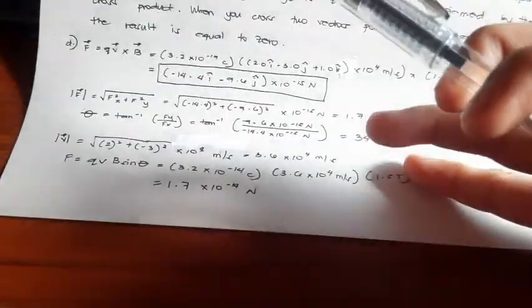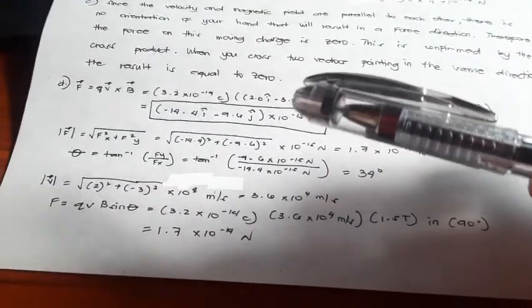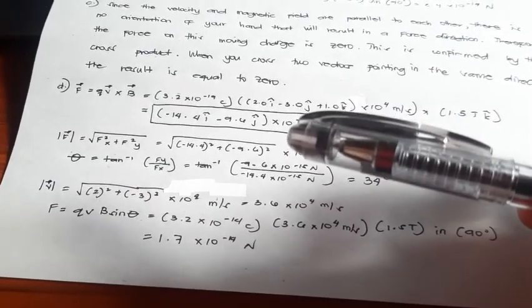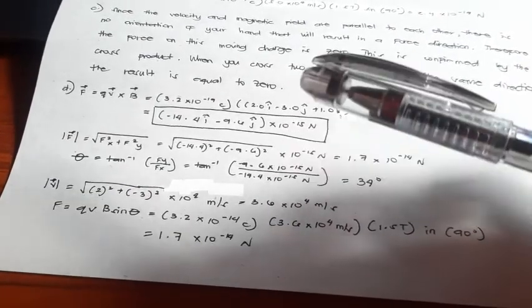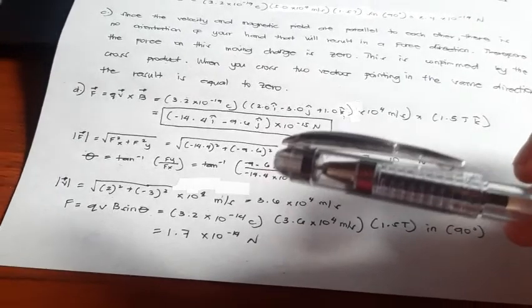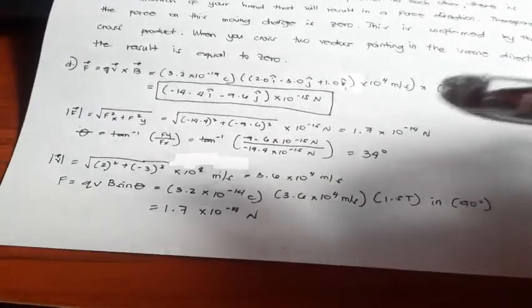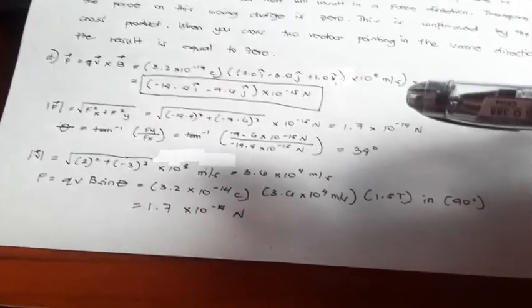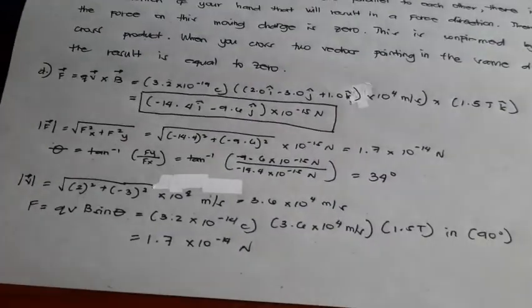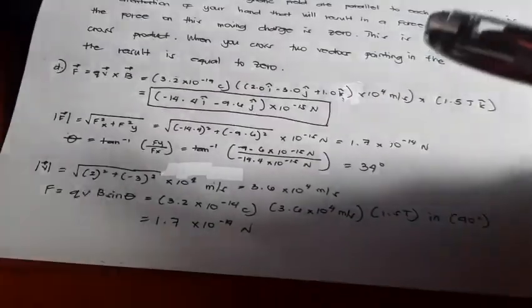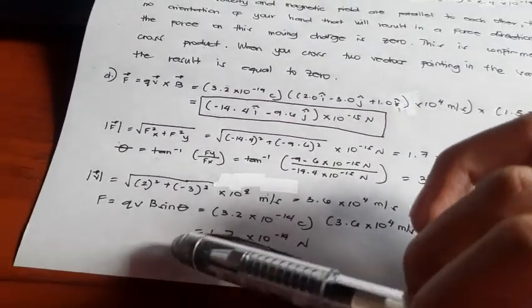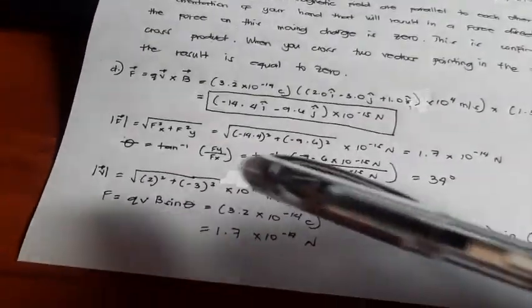Then the magnitude of velocity is calculated from the x and y components. The angle between the velocity in the xy plane and the magnetic field in the z direction is 90 degrees. Therefore the force is calculated as follows.